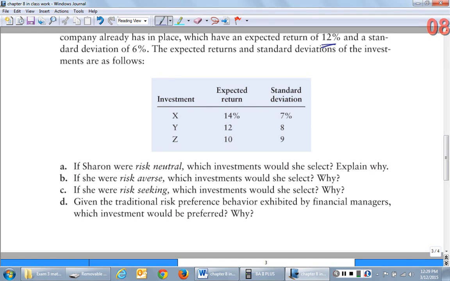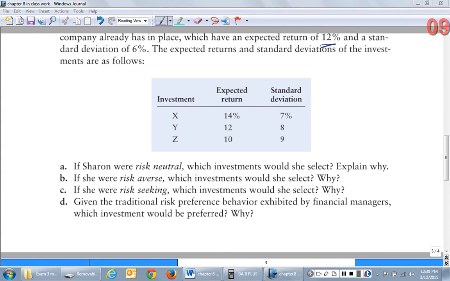If she were risk averse, that means that she would pick the asset with the lowest risk regardless of its level of return. So if she were risk averse, that means that she wants the highest level of return for a given level of risk, because she wants to maximize the return-risk relationship.